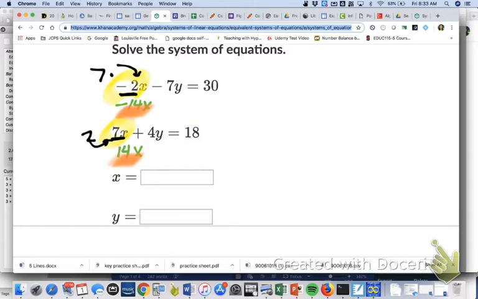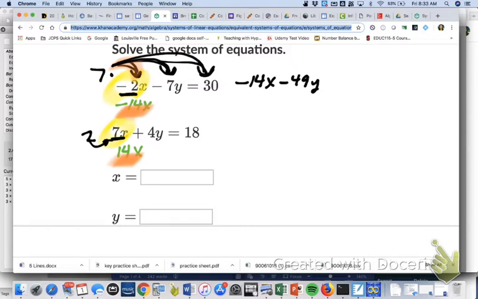Remember the way that equations work. If I want to multiply 2x by 7, I've got to multiply everything across the top by 7. So the first thing I'm going to do is rewrite this equation. 7 times negative 2x will be the negative 14x that we've already established. 7 times negative 7y is negative 49y.